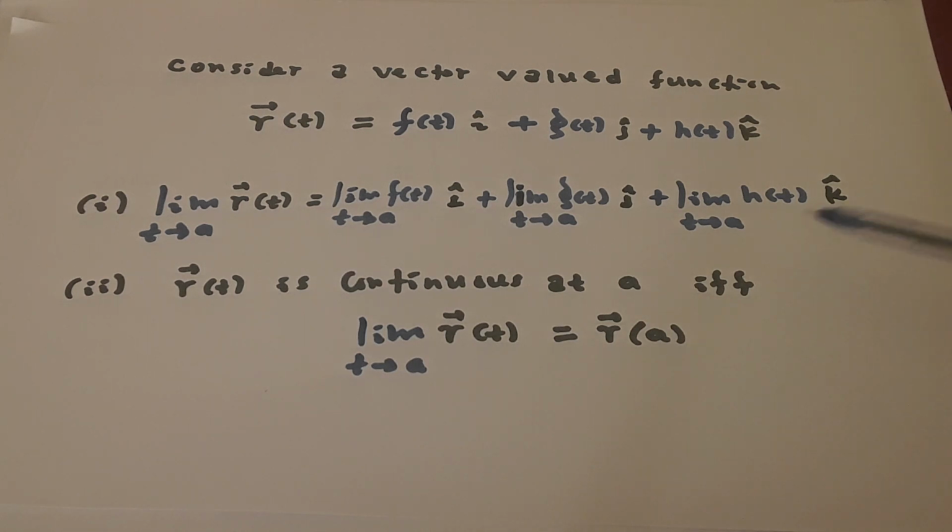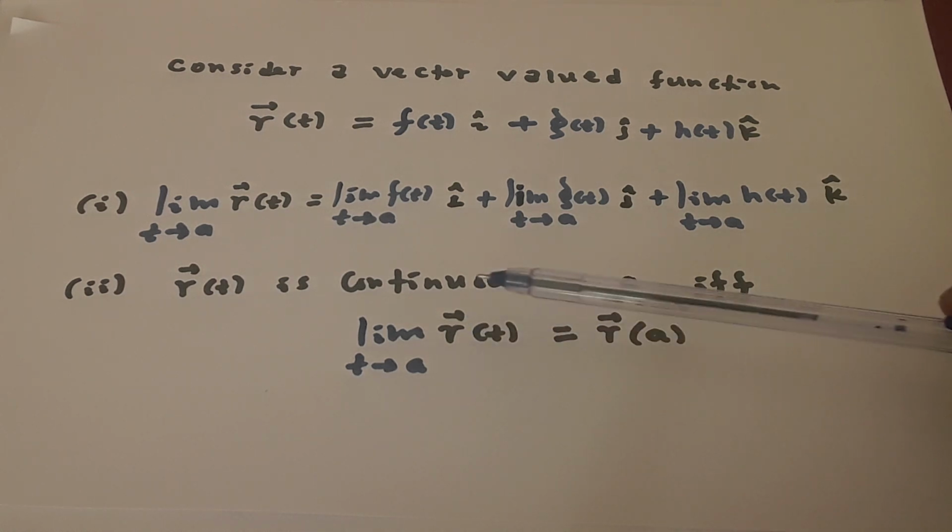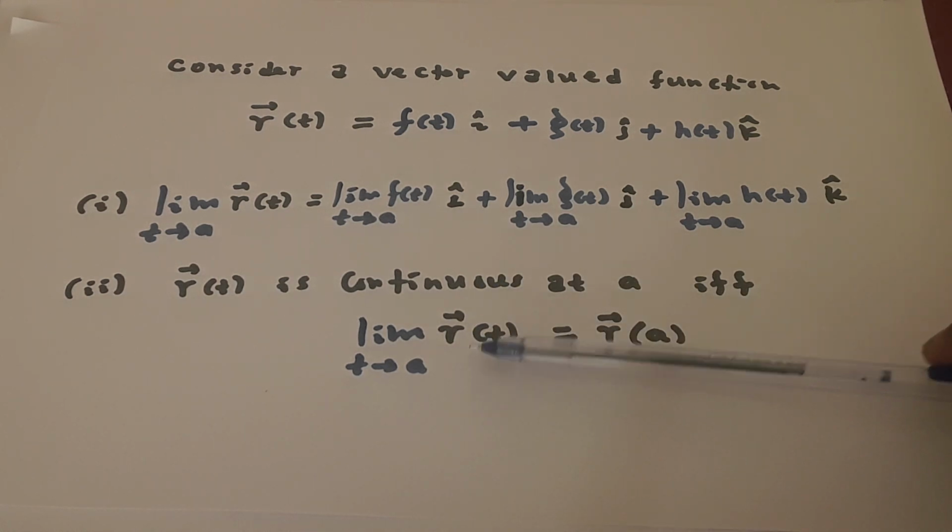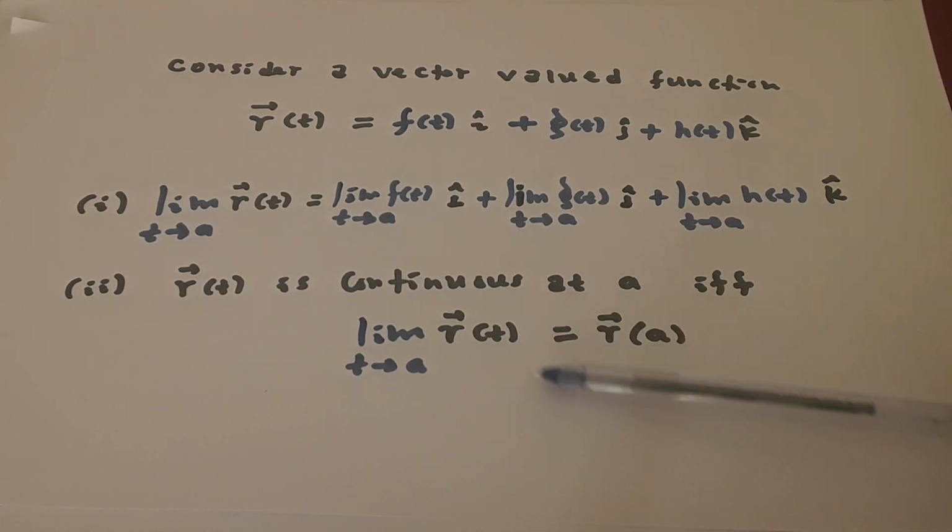The same is true for the continuity of a vector valued function at a single point a. It is continuous if this condition is satisfied. In a more compact form, it can be decomposed into three parts: one, r of a is defined; two, the limit of r of t as t tends to a exists; and finally, these must be equal.